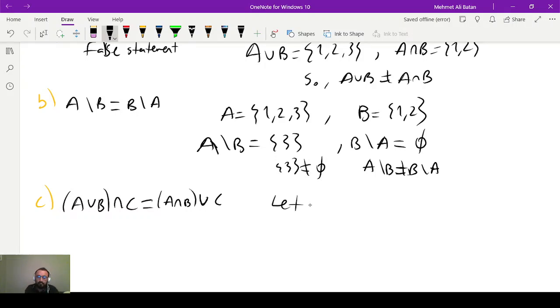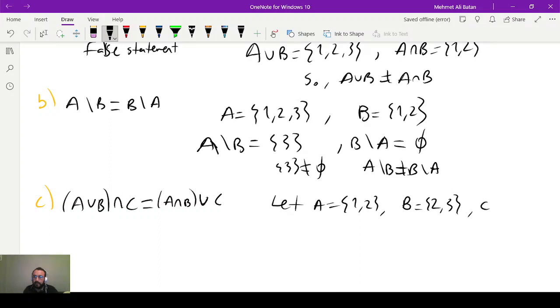Let A be {1, 2} and B any set, maybe just {3} is also okay. I guess no. {2, 3} does the job. Okay, so {2, 3} is better.